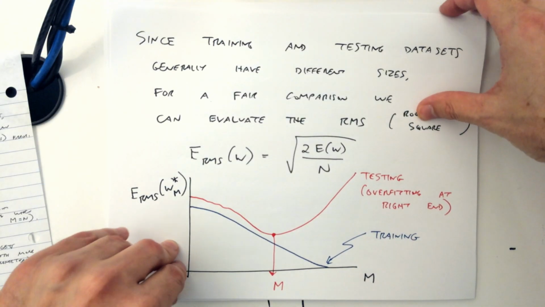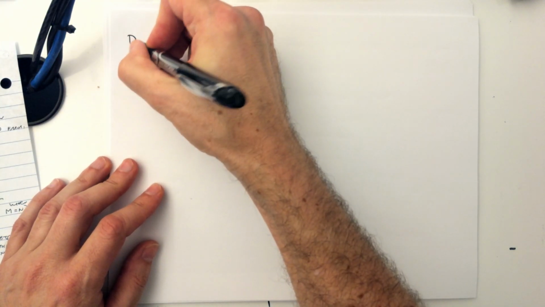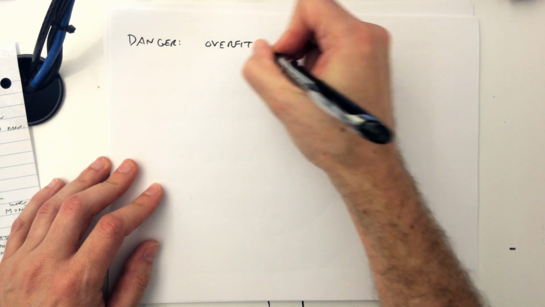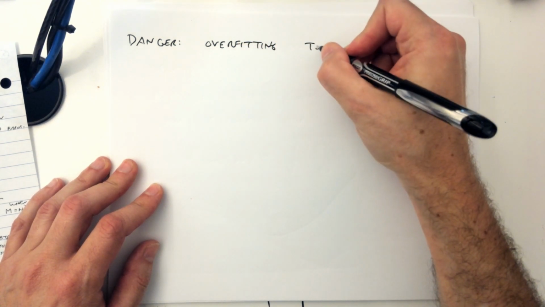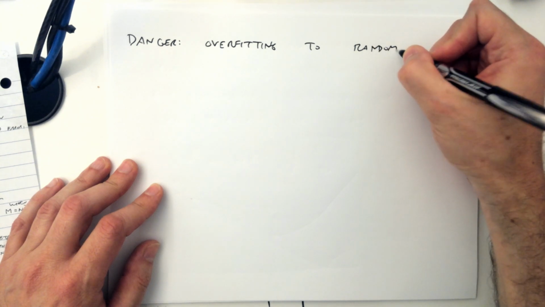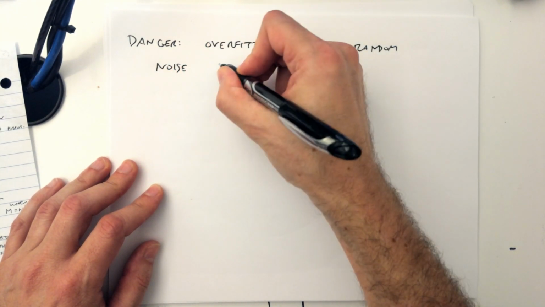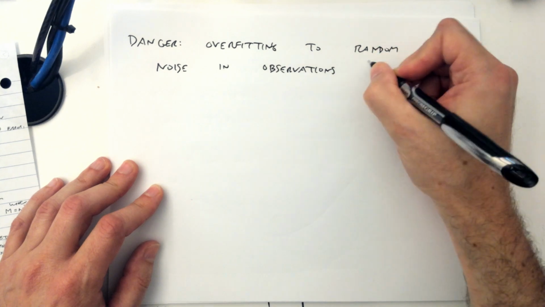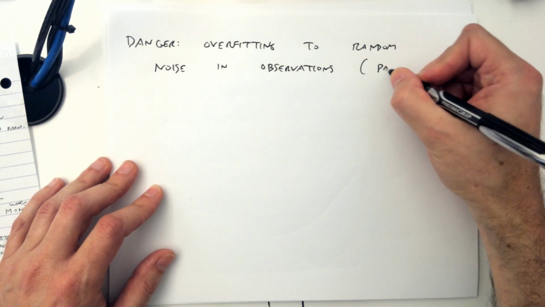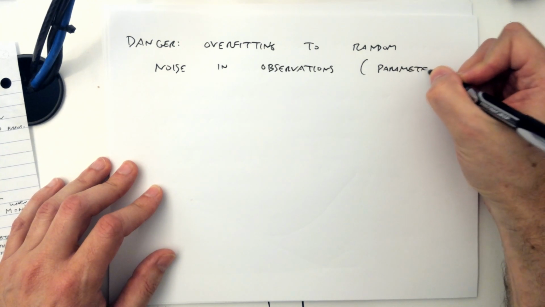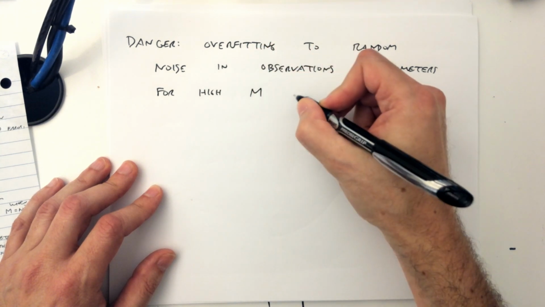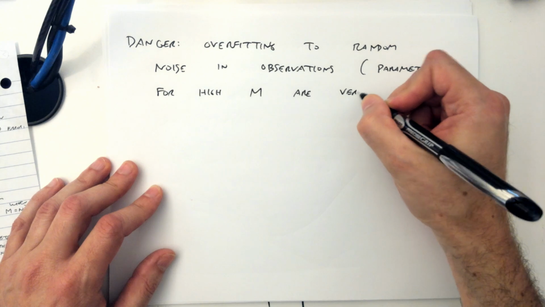So the danger is that we're overfitting to the random noise in the observations, which is to say that the parameters for high values of m are very sensitive.